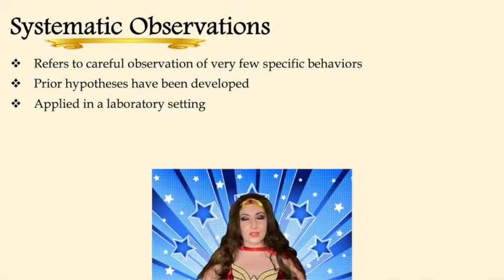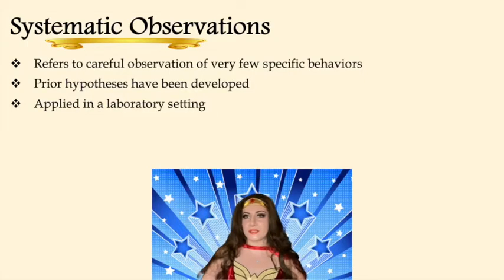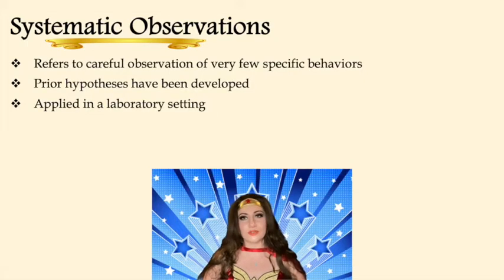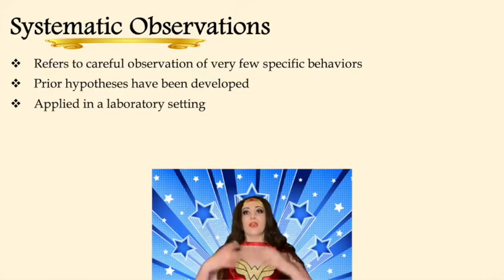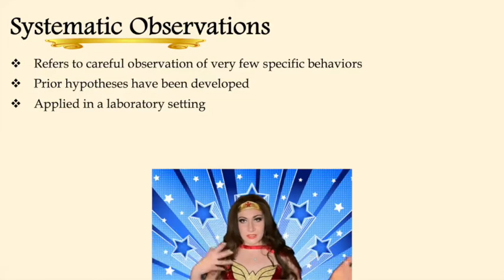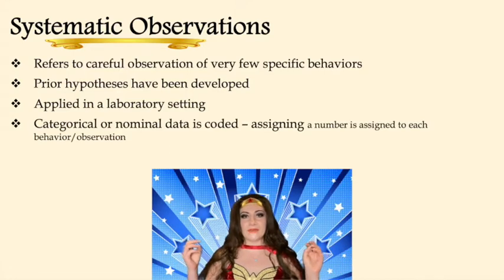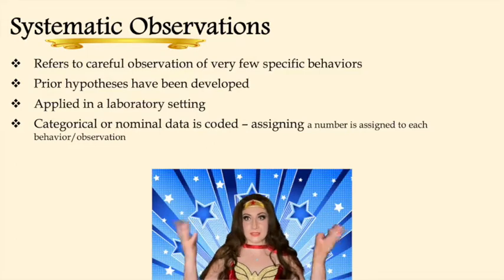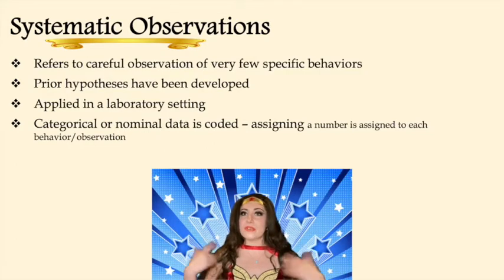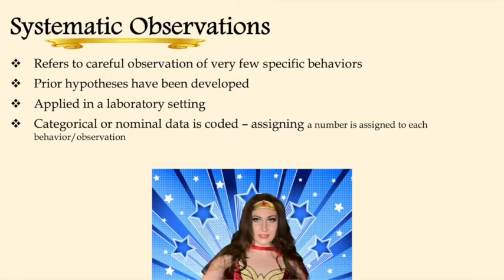And based on the things that they say to each other, for example, they could support each other and react positively by agreeing with their partner, or they can express some sort of aggression or negativity towards each other, where they yell at each other, they refuse to take each other's points of view, etc. So basically, we have this categorical or nominal data, right? Like supports the partner or does not support the partner. And what we do is we code it. We assign a number to each particular behavior or observation.